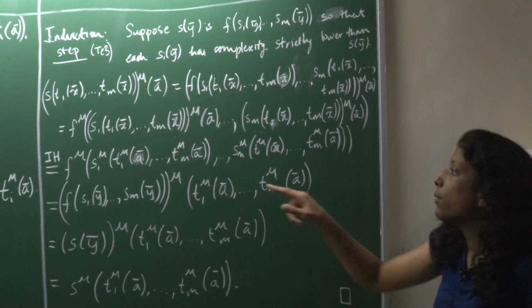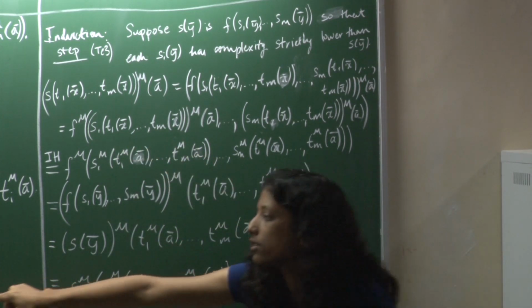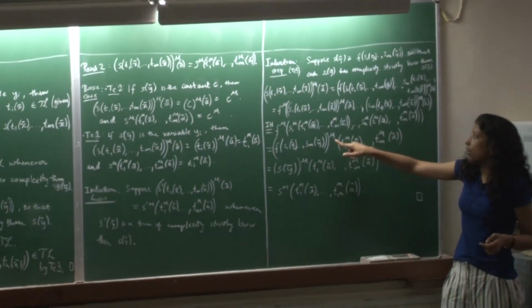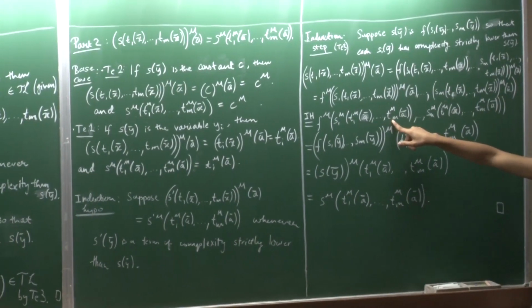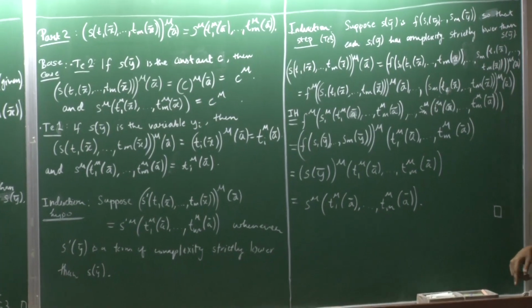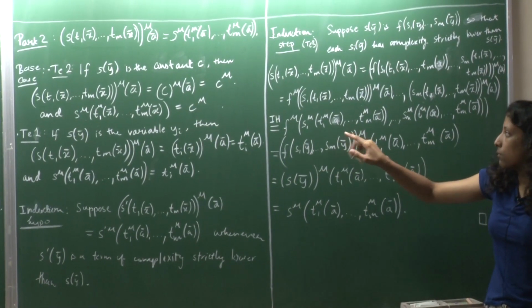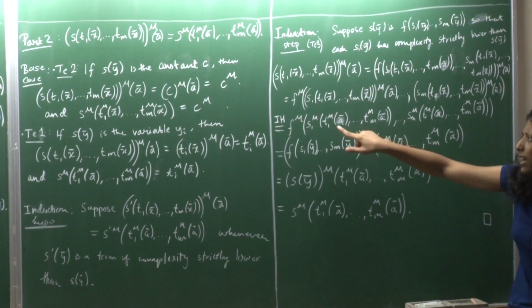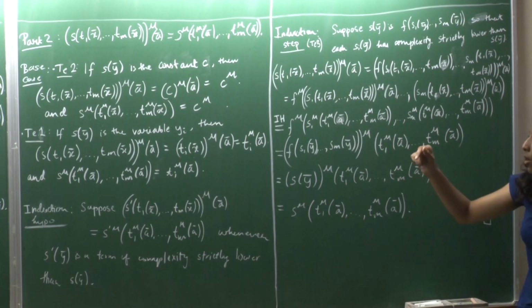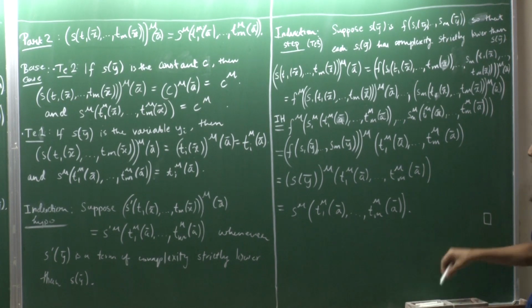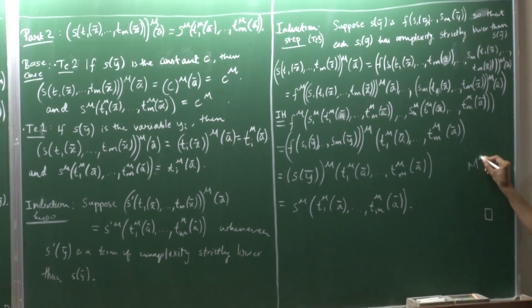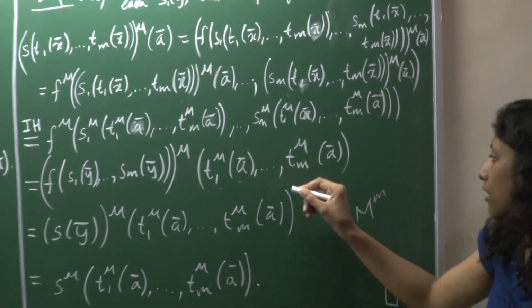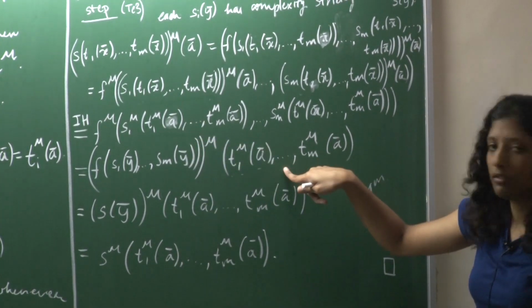And by the induction hypothesis, you know that this holds. So then you just substitute this expression everywhere. Here you substitute it everywhere. Now, what is this? You can see that this tuple belongs to M raised to m. So basically, it's like a sequence of elements in your M. So you can pull it out.